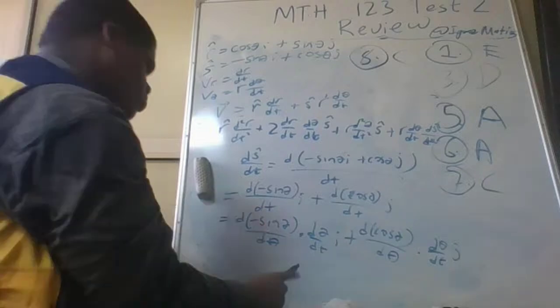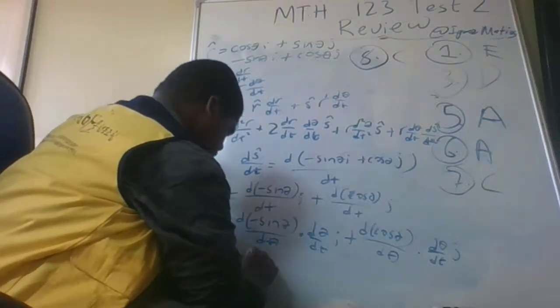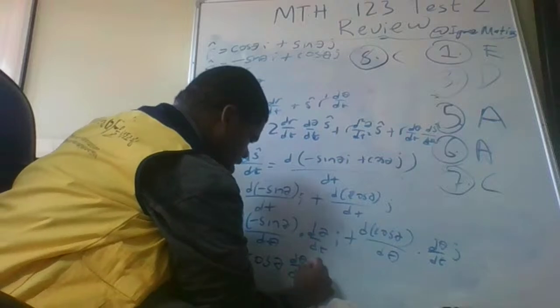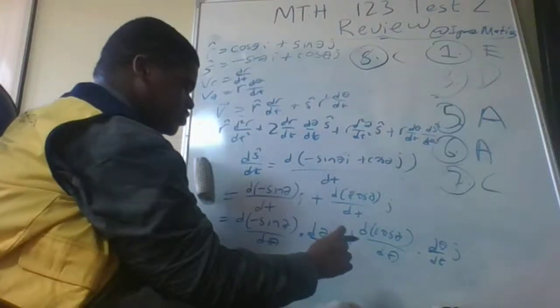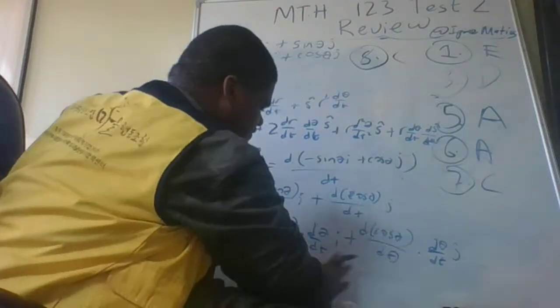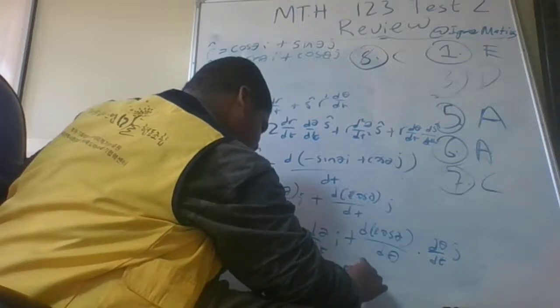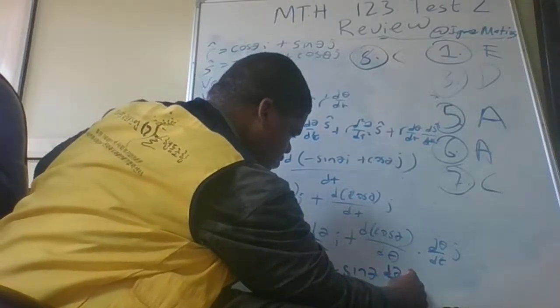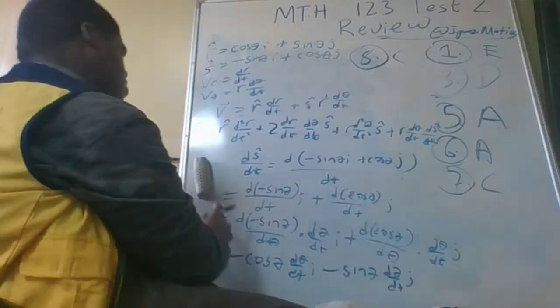The derivative of minus sine theta will give you minus cos theta. This is equal to minus cos theta times dθ/dt i plus, if you differentiate cos theta, you're going to have minus sine theta, minus sine theta dθ/dt times j.